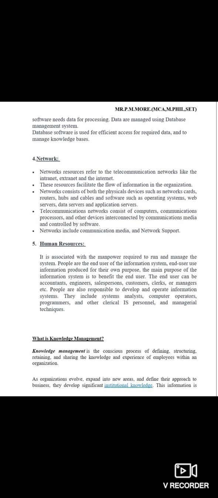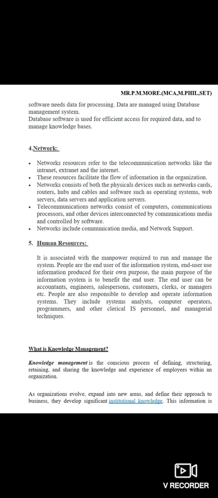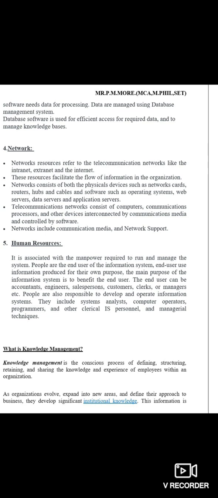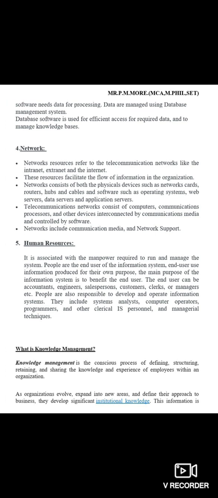Networks, fourth component. Network resources refer to the telecommunication networks like the intranet, extranet, and internet. These resources facilitate the flow of information in the organization. Network consists of both the physical devices such as network cards, routers, hubs, and cables, and software such as operating system, web servers, data servers, and application servers.